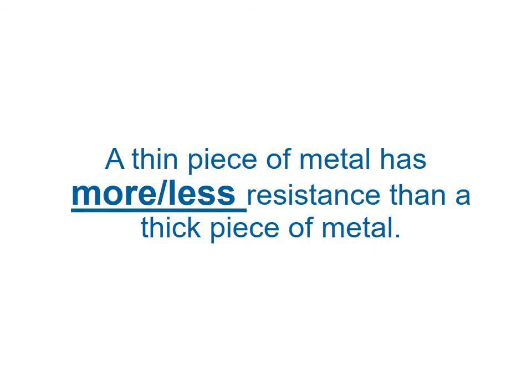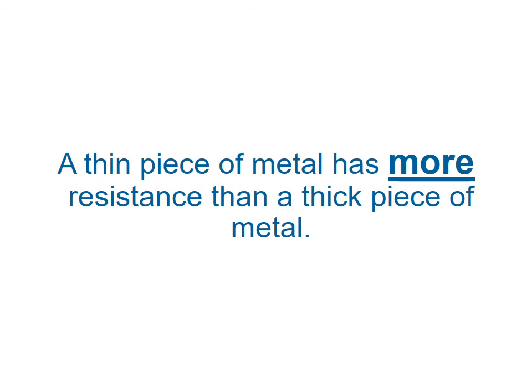A thin piece of metal has more or less resistance than a thick piece? More resistance. A thin piece of metal has more resistance than a thick piece of metal.